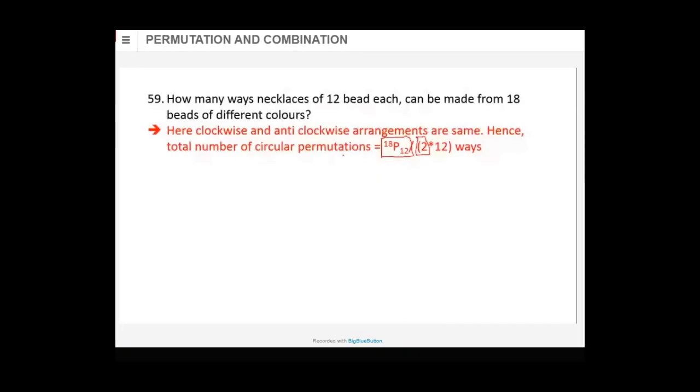Now this numerator part is not in factorial, it is 18P12, so I'm dividing by 12. Divided by 2 is because of necklace, and divided by 12 because of circular arrangement. Clear now or still doubt?